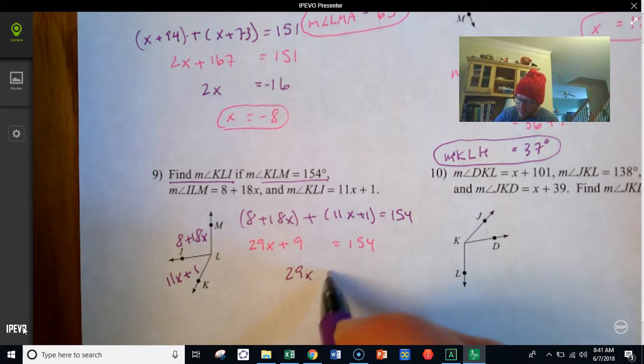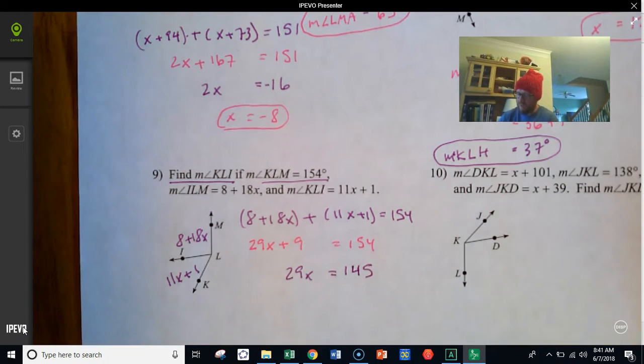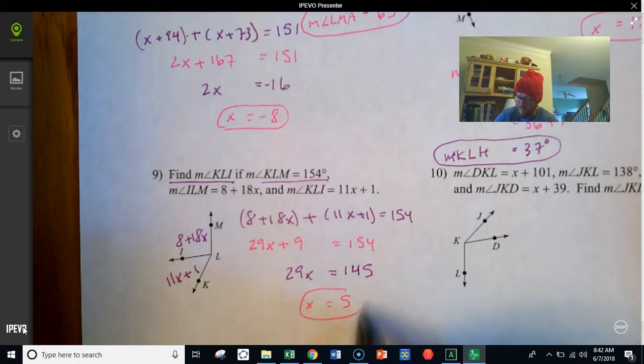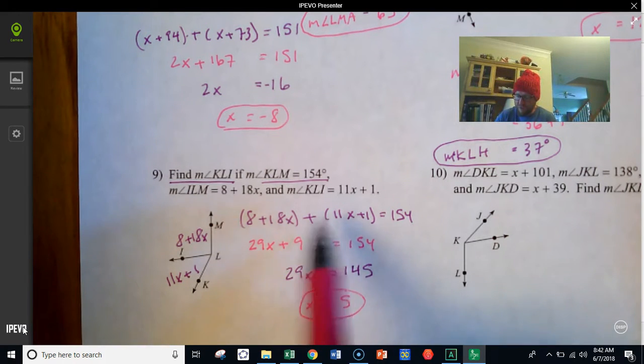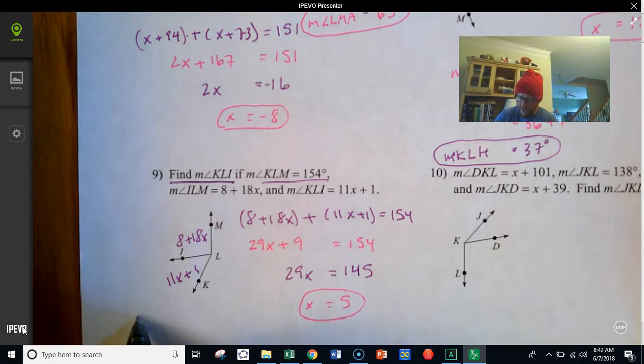We've got 29x equals 145. Divide by 29. 29 times 5: 20 times 5 would be 100, and 9 times 5 is 45, so it's 5. x equals 5. Then we go back in, we're trying to find KLI.